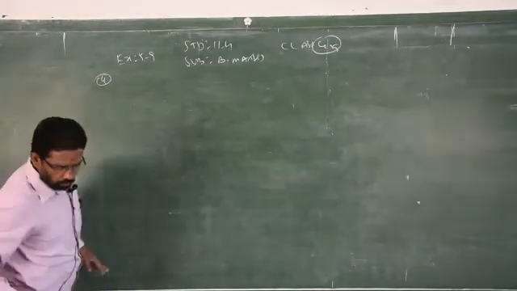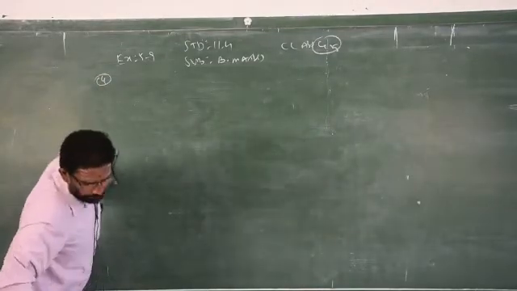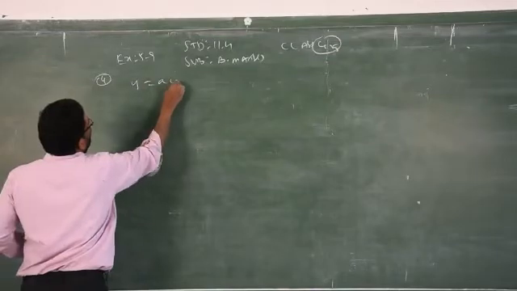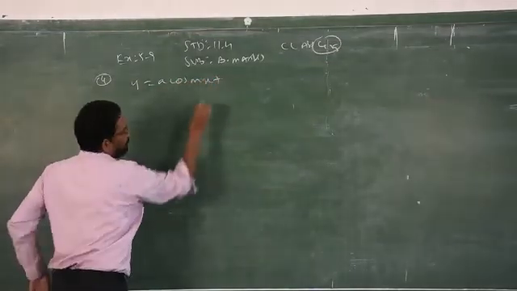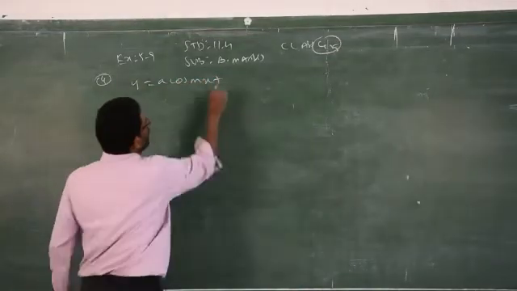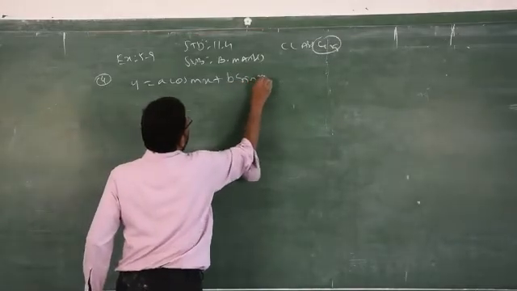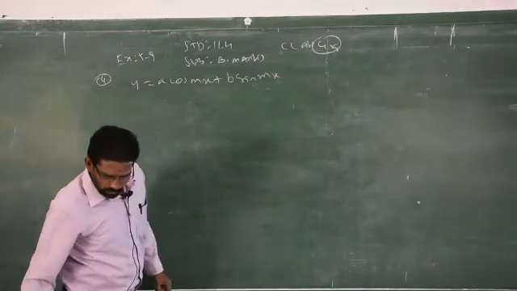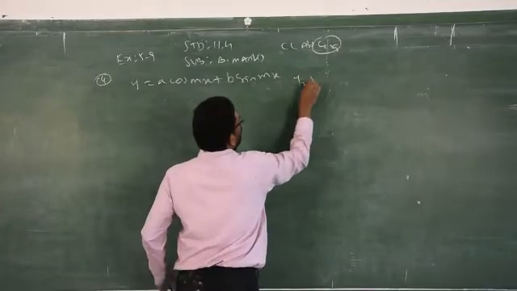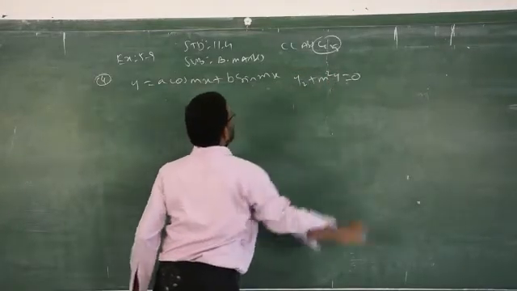So sum number 4 is y is equal to a cos mx plus b sin mx. Prove that y2 plus m square y is equal to 0.